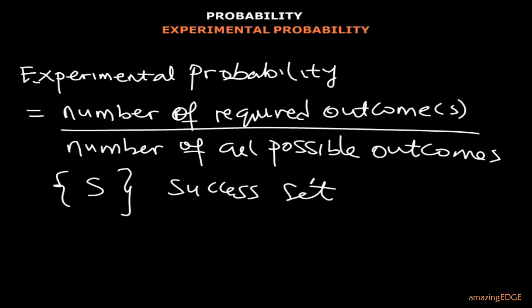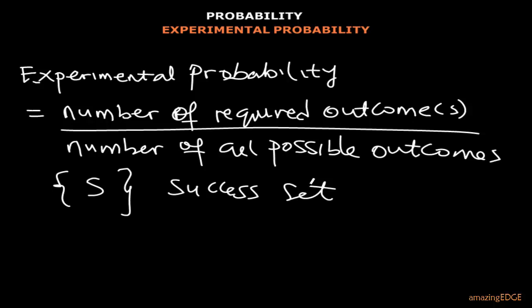For instance, when we talked about the probability of a pregnant woman giving birth to a male child, that male child is what we refer to as a success. It's like our success set. Giving birth to a female becomes a failure set. So your desired or required outcome is what you regard more or less as a success set. So S is a success set. That is the probability you are interested in, or what you are looking out for.